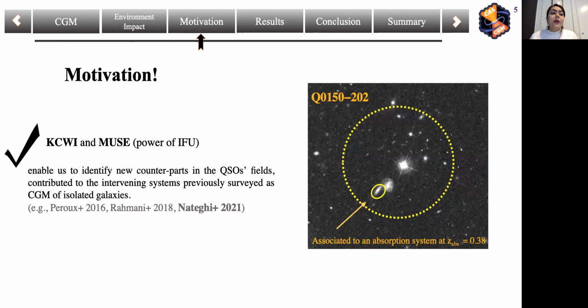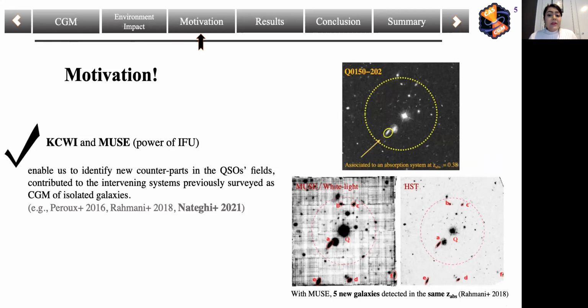The power of IFUs and instruments like KCWI and MUSE is quickly changing this. It means that when previously surveyed fields are observed with these IFUs, new galaxies are quickly identified, and the picture of an absorber corresponding to a single isolated galaxy is looking to be more rare than previously thought.